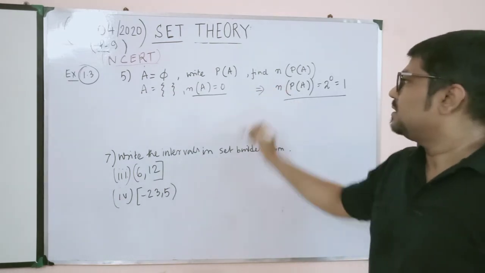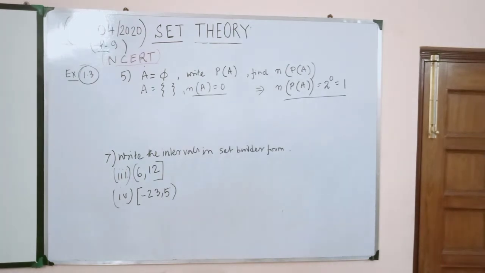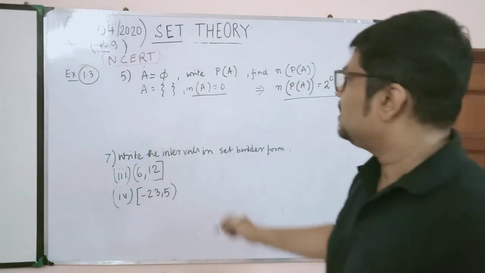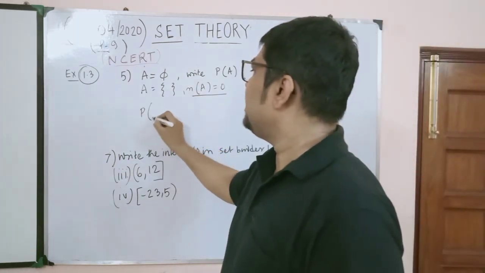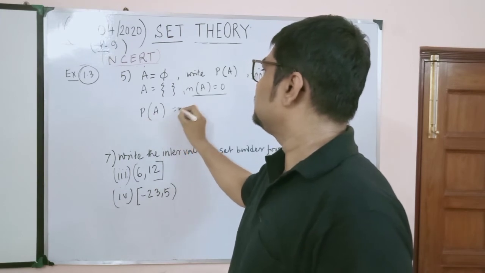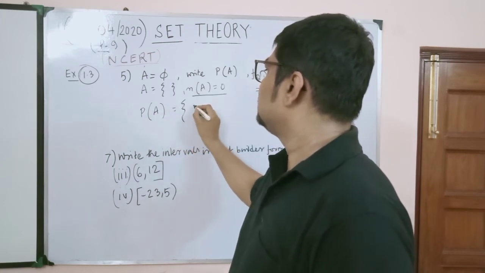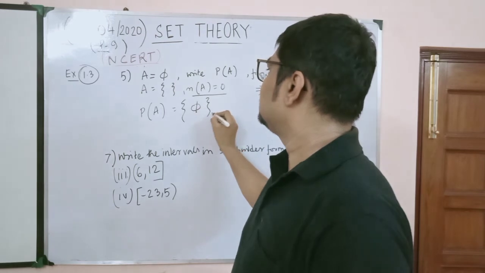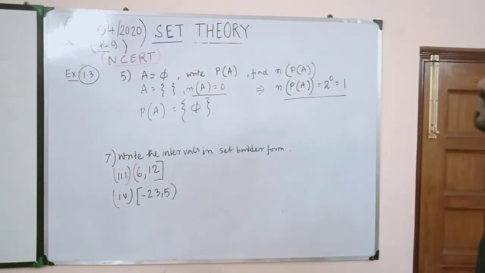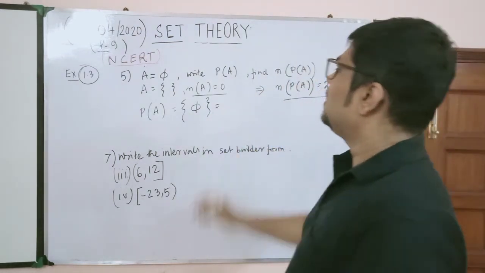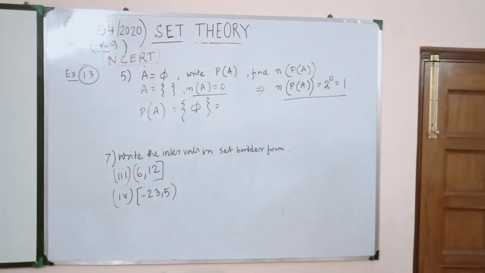Now, if we try to write out the power set of this, look at it. You know that the null set is a subset of every set.